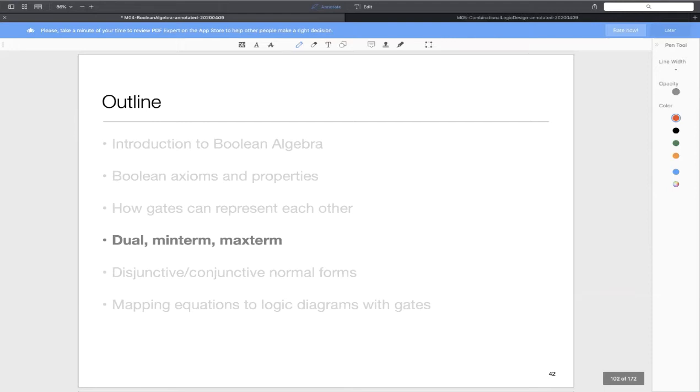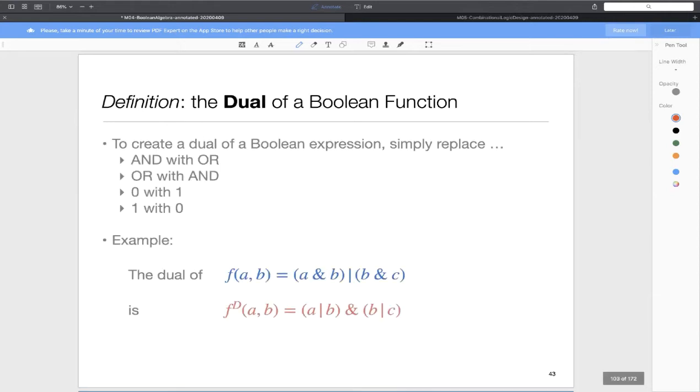So I'm now going to touch upon certain things which are really a matter of definition, but they are useful. There's a concept of the dual of a Boolean function. A Boolean function I can write down as an expression, or I can make a circuit in terms of AND gates, OR gates, and NOT gates. We say that the dual of a Boolean expression is obtained by simply replacing, wherever I have an AND, I replace it with an OR, and wherever I have an OR, I replace it with an AND.